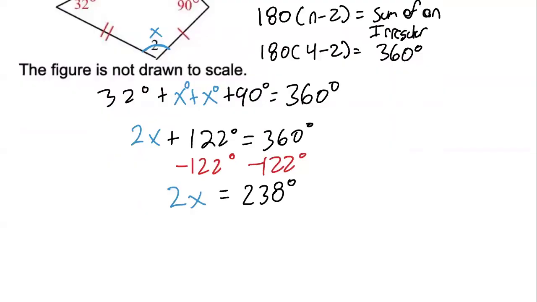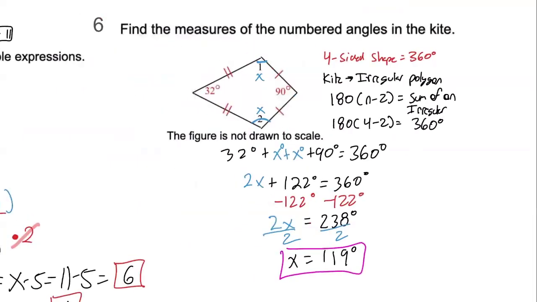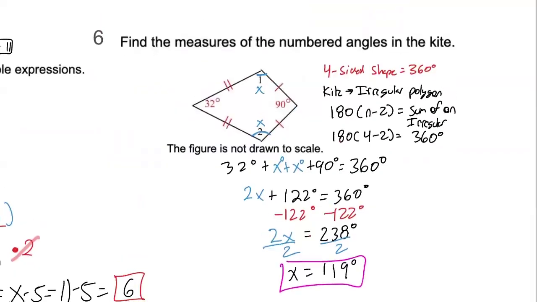Divide that by 2. x is equal to 119. So that's what x is equal to for this kite. Does anyone have any questions?